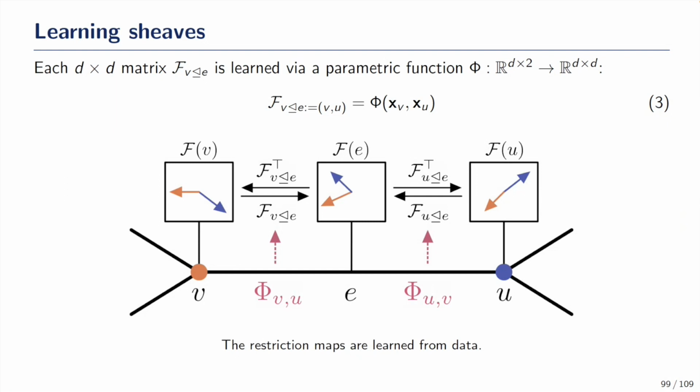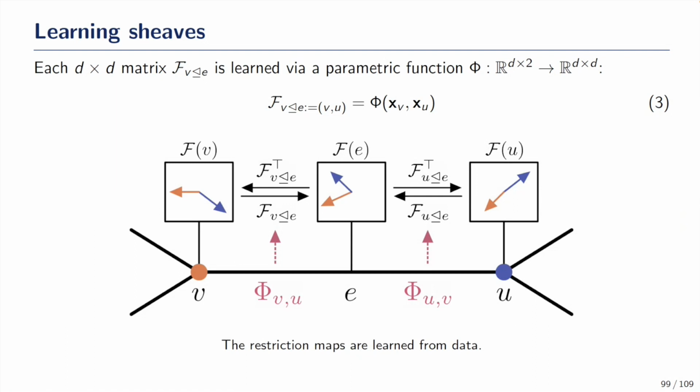You'll have some features at the beginning for all the nodes. Take that feature, take the feature of the other node, and pass them through these functions, which were also shown in red here. These will give you this matrix. To get the other matrix, you do the same, but you supply the features in the reverse order. So first supply this feature, and then this other feature, and then you get this other matrix.